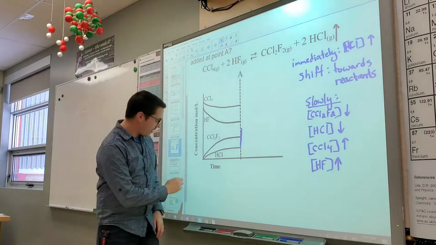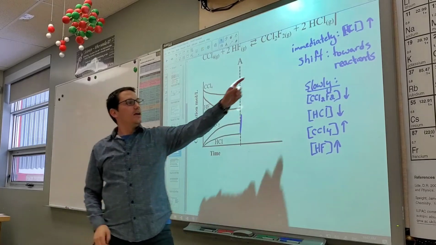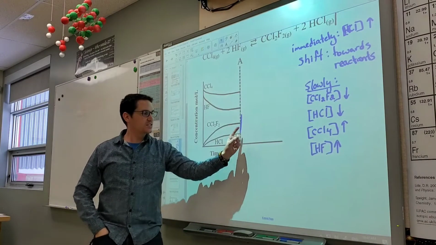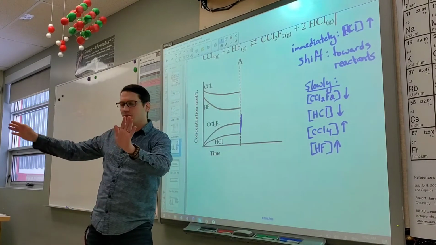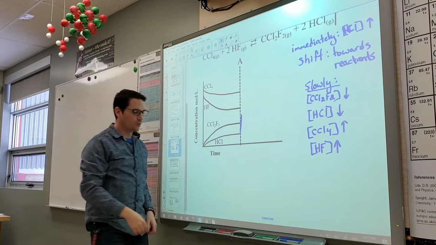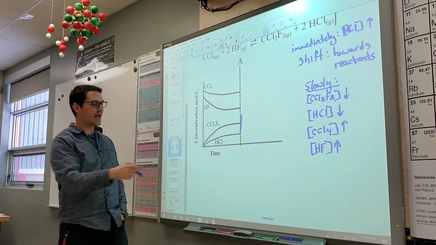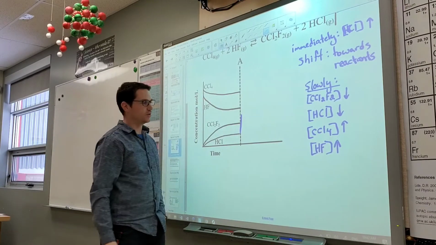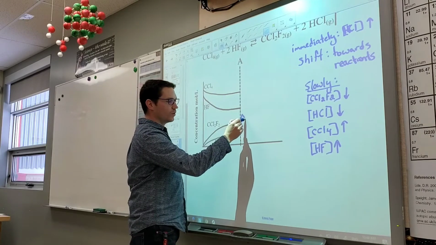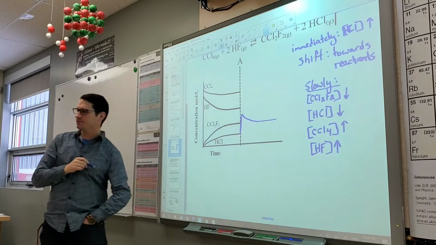So in our graph, we get to show these changes. Immediately, HCl spikes up. Okay, good. But then because the reaction shifts to the left, we slowly get a change in both HCl and CCl2F2. So we're going to slowly get a change, and then it's going to flatten out.